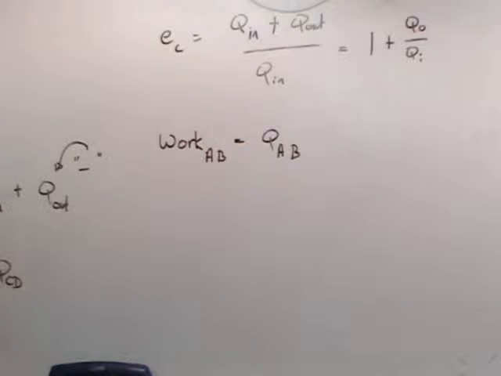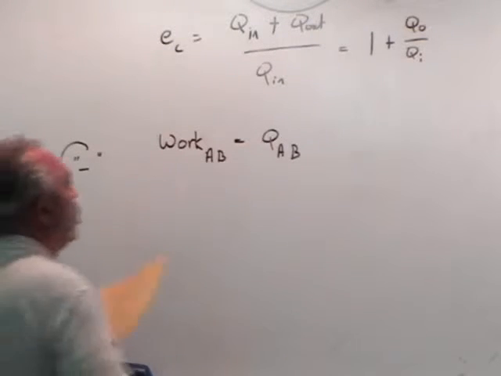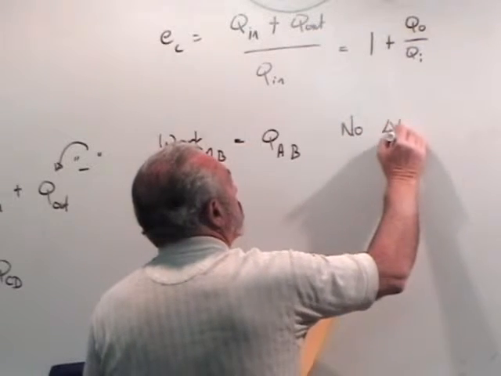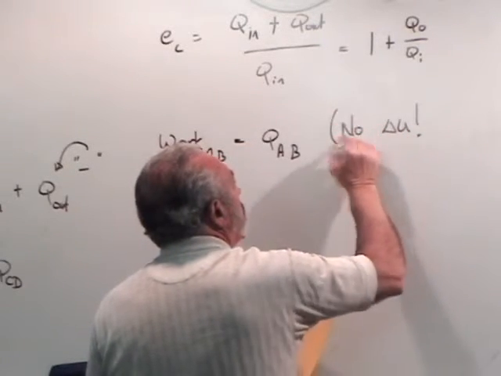The same isotherm, no change in internal energy. Since it stays on the same isotherm, whatever work is done along AB, the same amount of energy flows back in to the system. So, of course, I just put down no delta U, exclamation point.